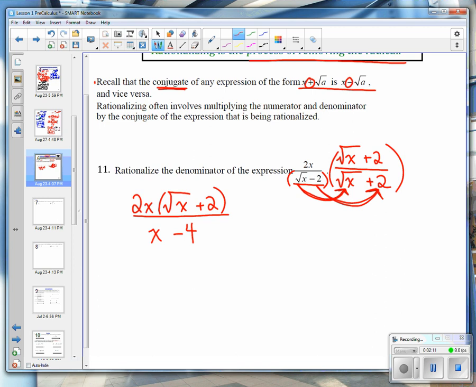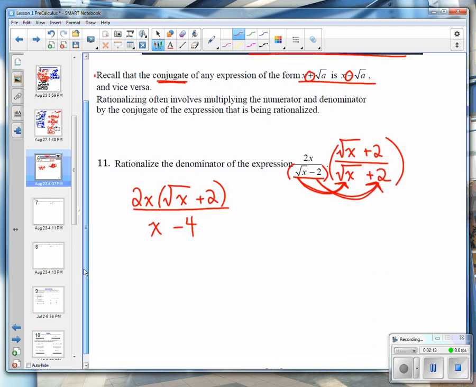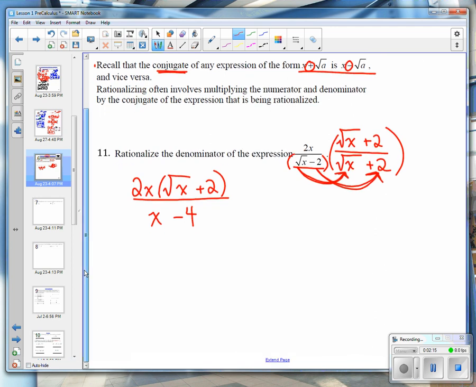Then what we could also do is simplify. So again, you'll notice that we don't have a radical in our denominator anymore, which is really good. Now what we can do is actually multiply through. So rather than do 2x times root x, remember that root x is the same as x to the power of a half. That's like that flower power thing that you learned way back in Math 10C. This is like x to the power of 1, and this is the square root.